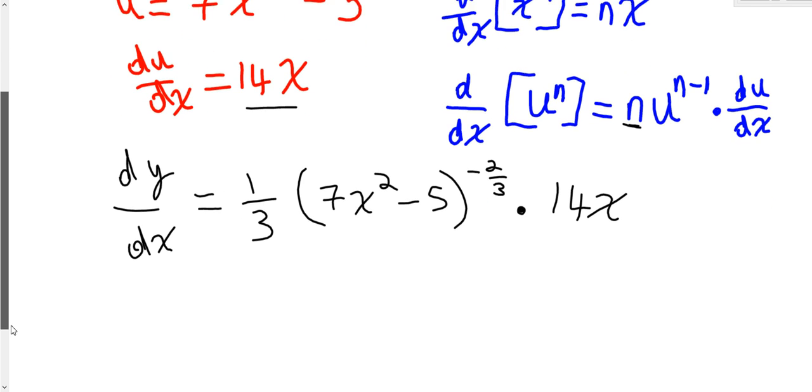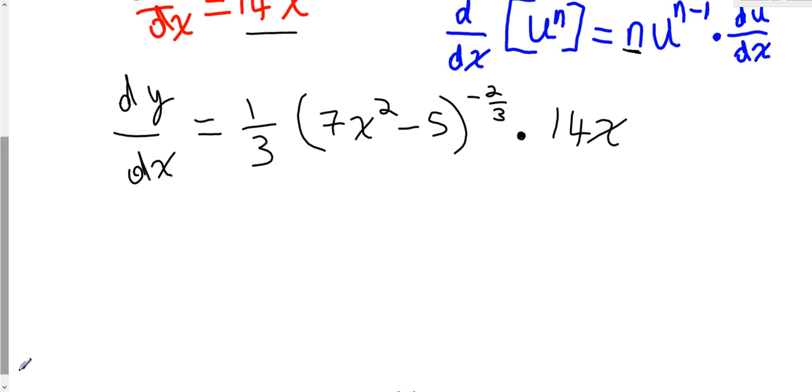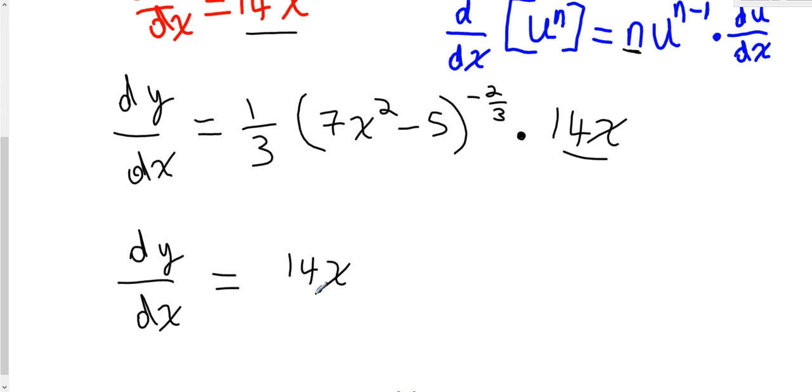You can simplify this. Let's see. We can rewrite this. We'll get dy/dx is equal to 14x over 3 times the cube root of 7x squared minus 5, squared.